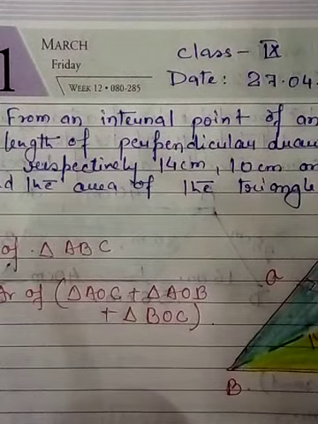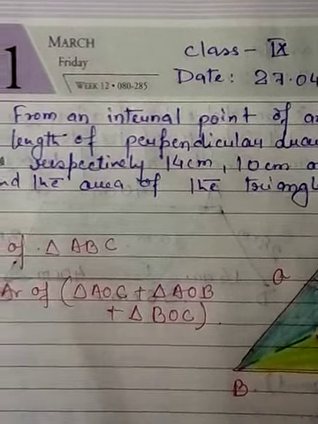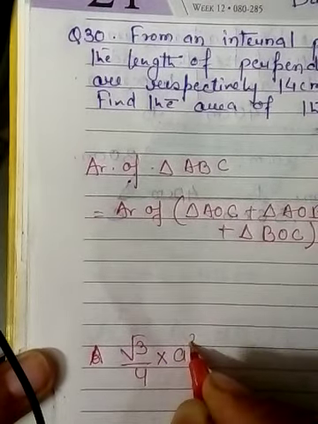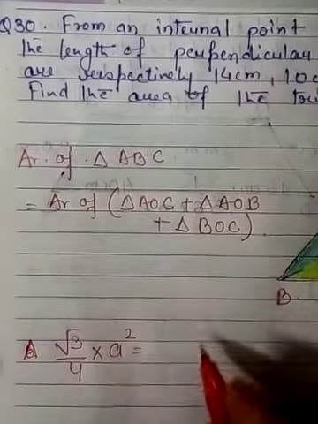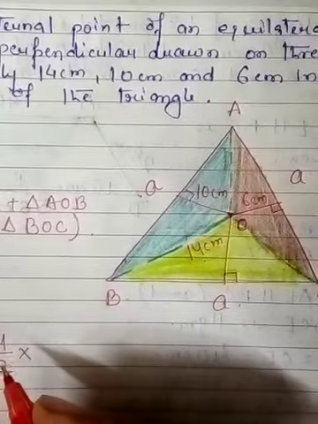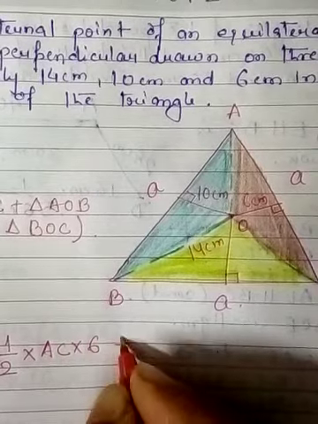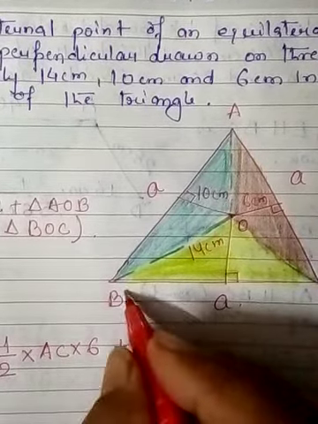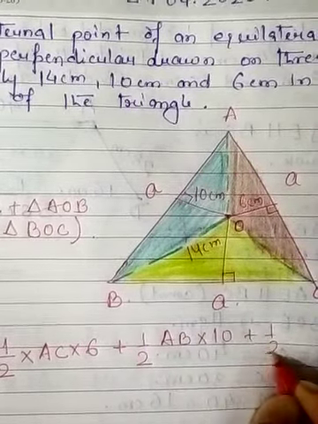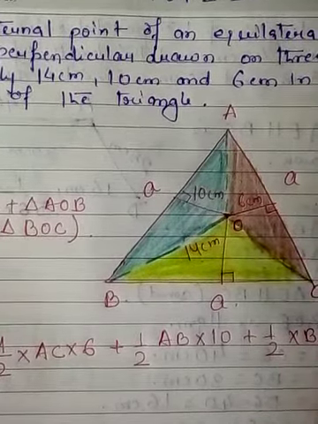Now, for area of triangle ABC I am going to use the formula root 3 by 4 into side square, that is a square, and for the rest three I am going to use the formula half into base into height. So in triangle AOC, the base will be AC and height is 6. For triangle AOB, the base is AB and height is 10. For triangle BOC, base is BC and height is 14.